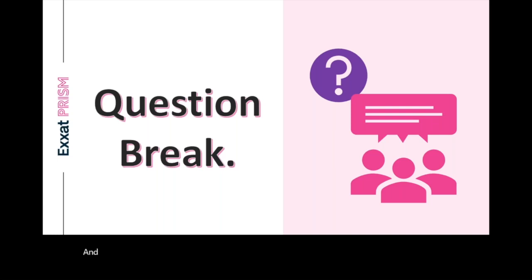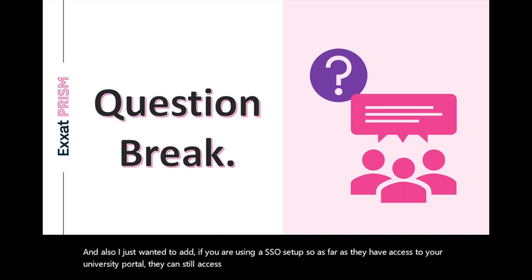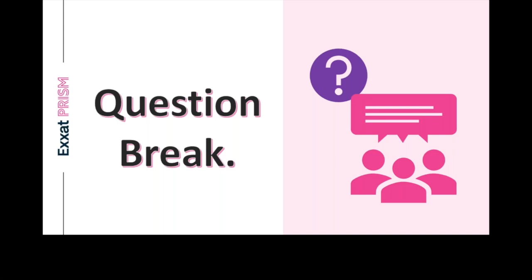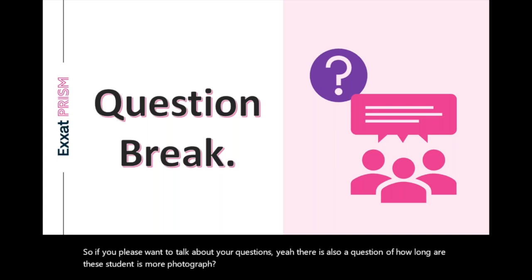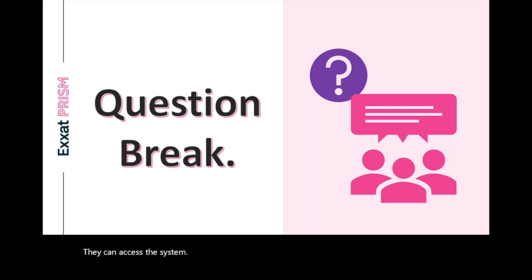Also, I just wanted to add, if you are using an SSO setup, as long as they have access to your university portal, they can still access the Exxat Prism account. They can access the system as long as they have access to their school email that is used for our accounts.